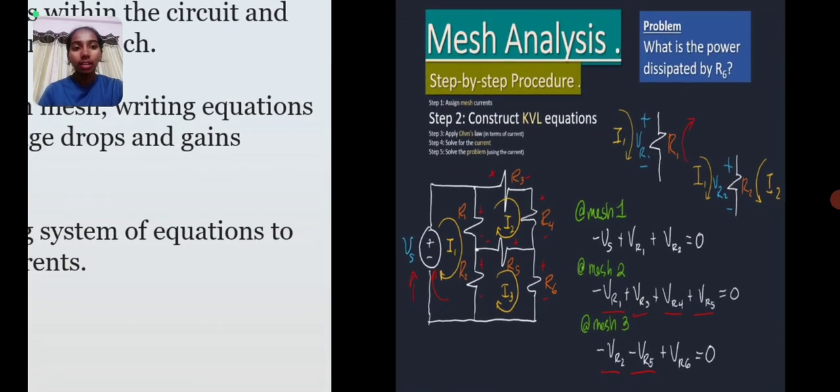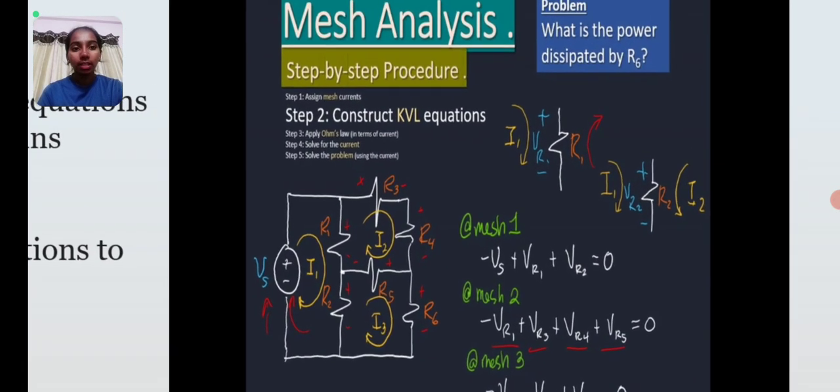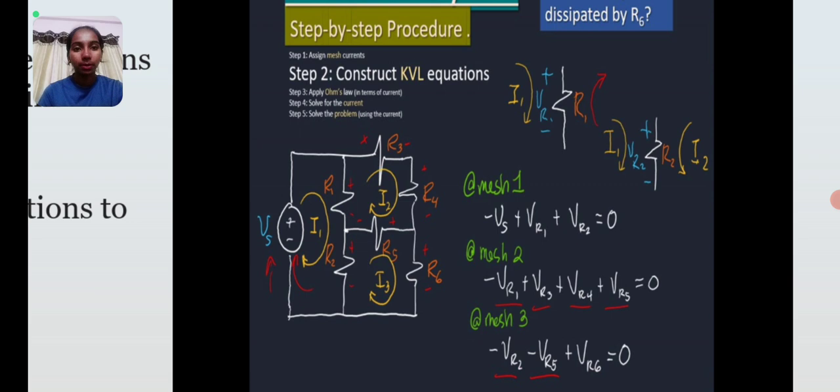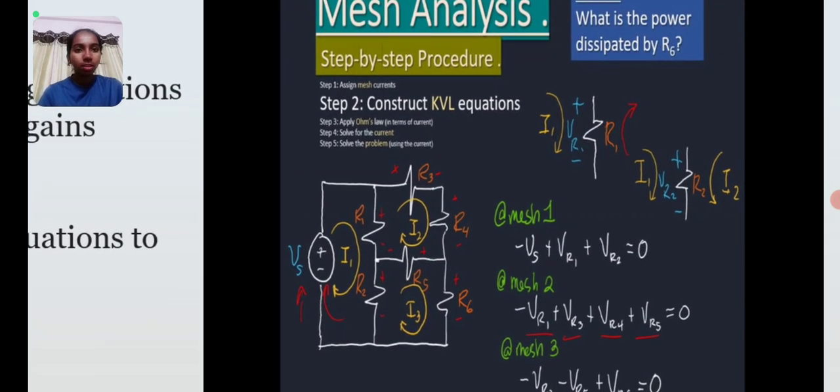So here in the attached figure, it is just a small example problem. There are three loops, that is loop 1, loop 2 and loop 3. The currents flowing through these loops are I1, I2 and I3.